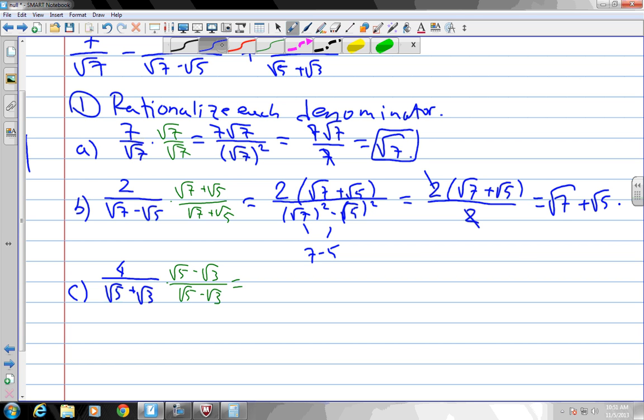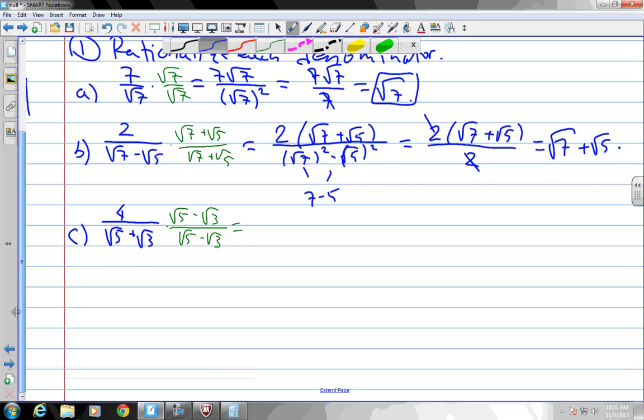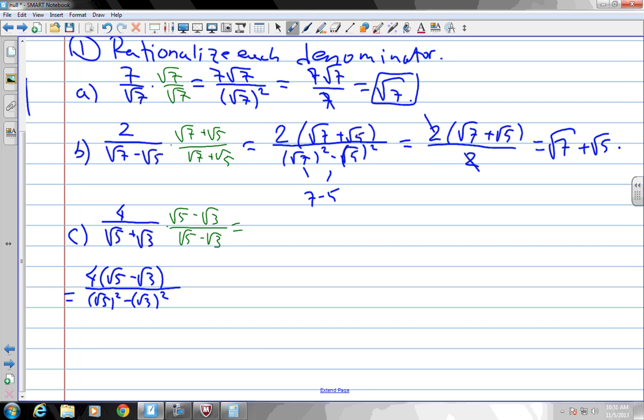So that gets rid of the square root. So that becomes 4 times square root of 5 minus square root of 3 over square root of 5 squared minus square root of 3 squared. Is that okay? Which is 5 minus 3, so that equals 2.